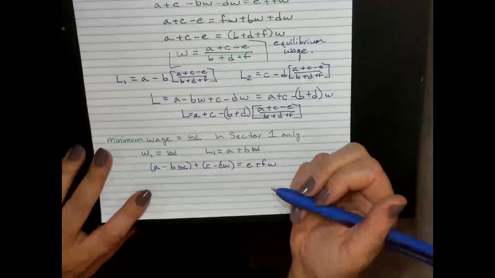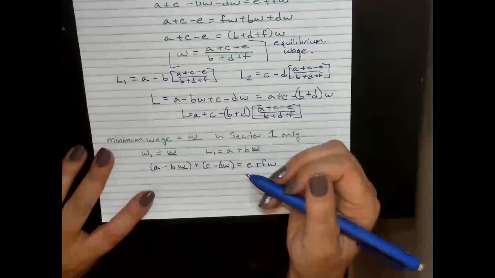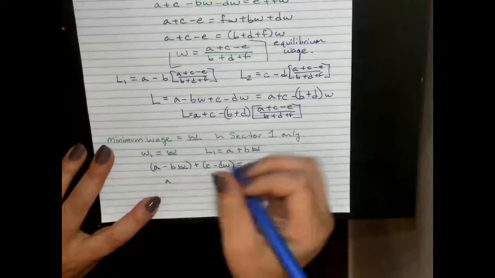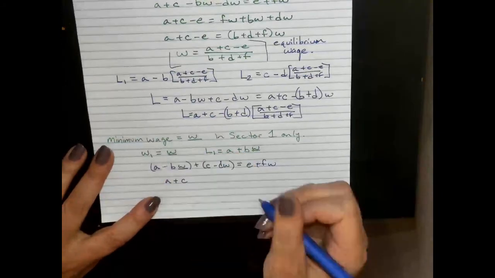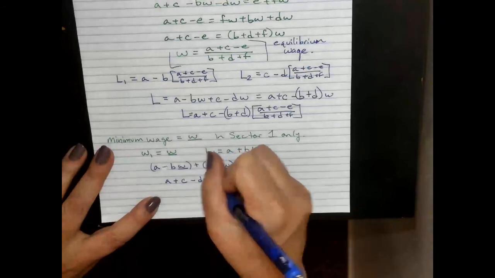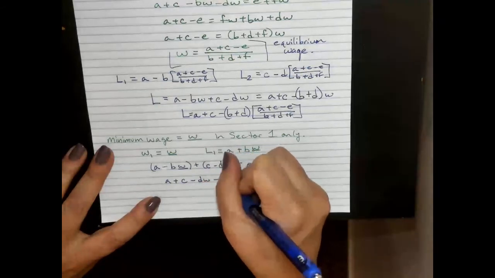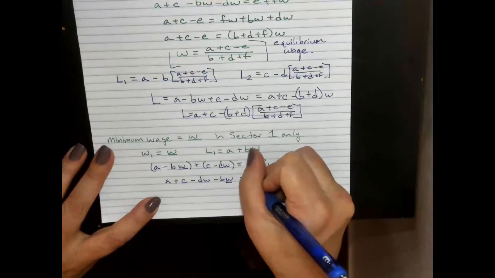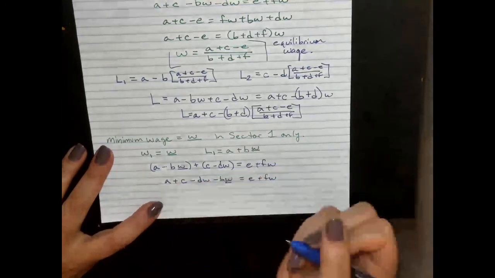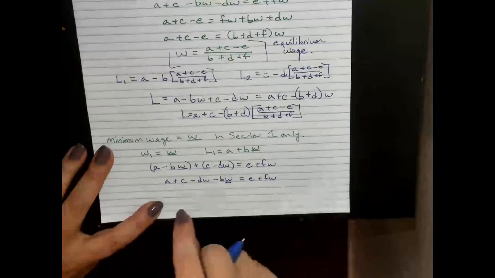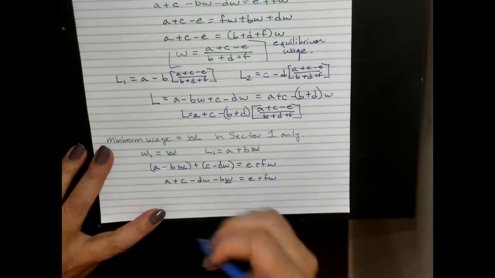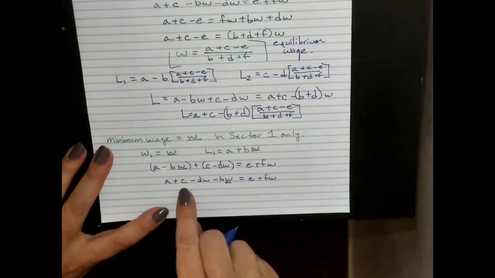So now I'm going to collect the terms that are similar. And so I'm going to get A plus C minus DW minus BW bar equals E plus FW. And then I'm going to collect my two wages over there and collect all of my other terms over here.